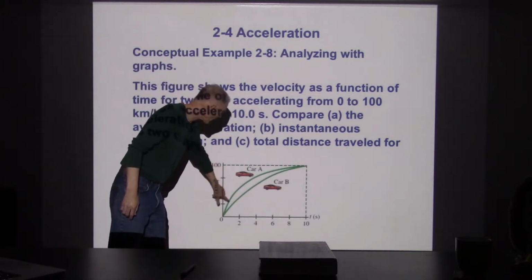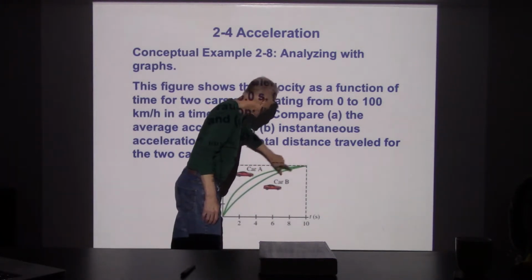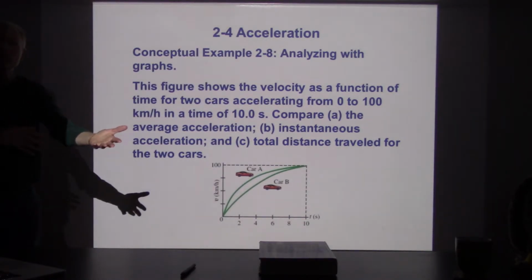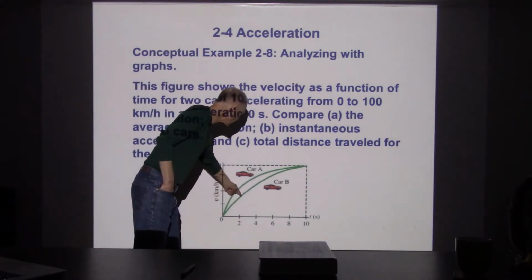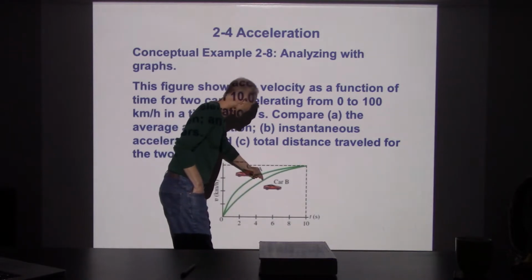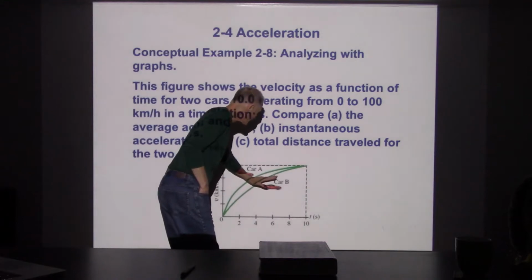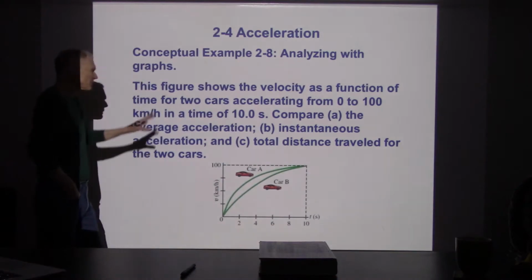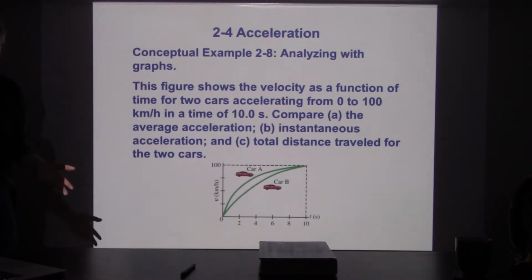Now, car A had a higher acceleration initially, but then the acceleration dropped off, and as a result, it ended up reaching the same speed during the 10-second interval as car B. Car B did not start off with as high of an acceleration, but at some point its acceleration, see how the slope here is now greater than the slope here? So its acceleration was sustained, and so it also was able to reach the same speed. So on part A, the average acceleration is going to be the same for both cars.